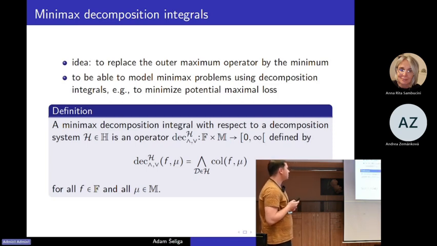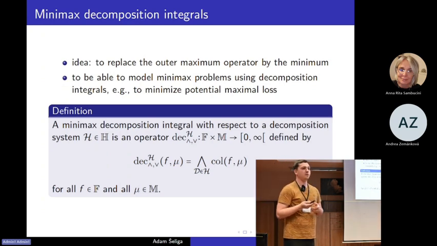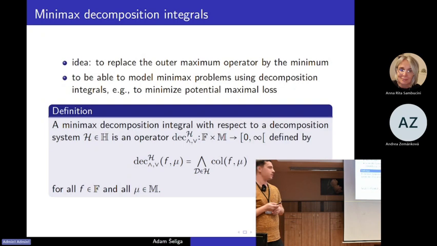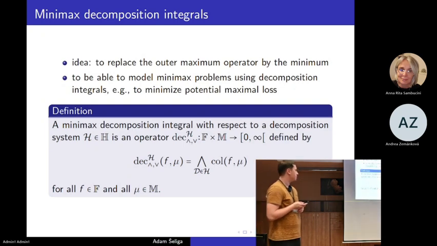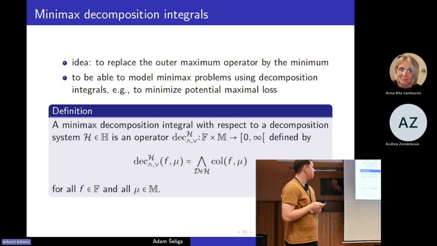So this is the definition of the minimax decomposition integral. If we choose a decomposition system H, we can define an operator which represents minimax decomposition integrals using the formula. So we take the infima of the collection integrals here. So this is the definition.